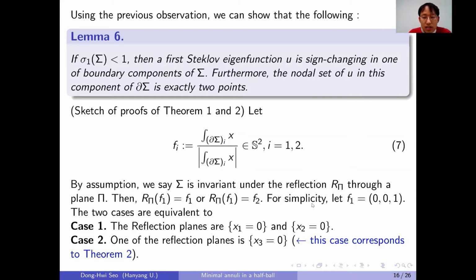So let's say f1 is the E3 vector, and then for the first case we may assume our reflection planes are the x2x3 plane or the x1x3 plane.